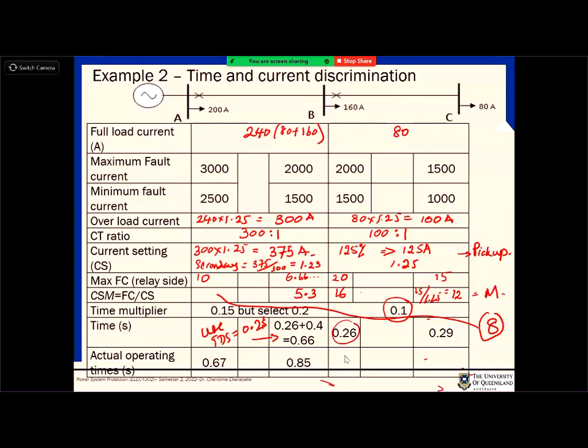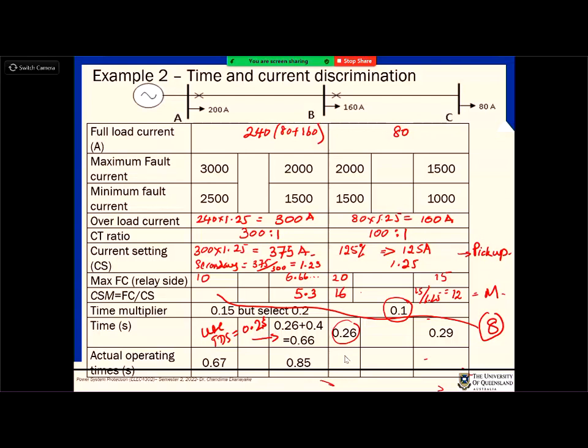That is the actual operating time based on the selection of TDS of 0.2. We know that the plug setting multiplier is 5.3, and we have selected the curve TDS 0.2, so based on that you can find the corresponding actual operating time. That is for 5.3.